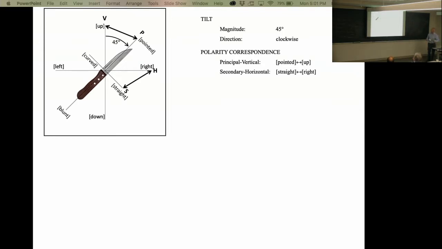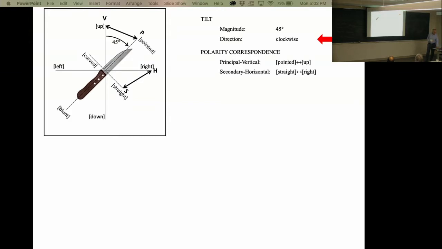All right, so first, one thing that could go wrong is that there could be a problem with the tilt part of the representation. If you look at this knife, and then a few minutes later I ask you how it was oriented, then you may not fully remember what you originally encoded.